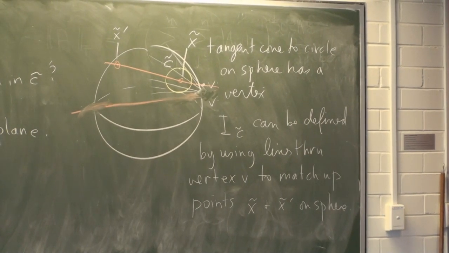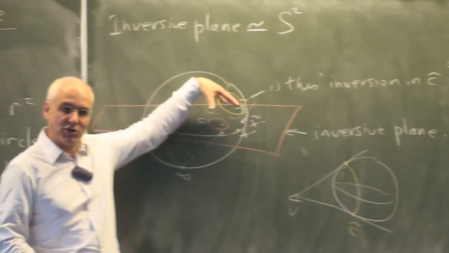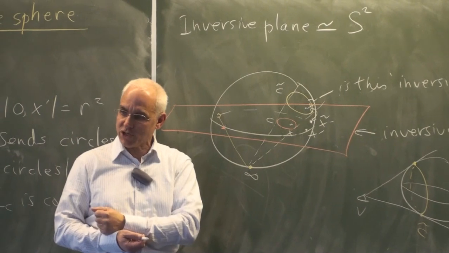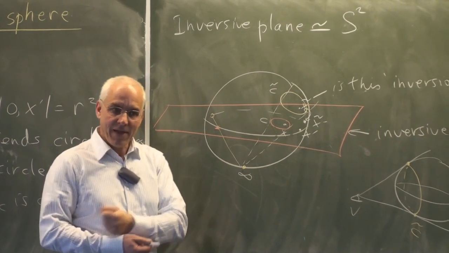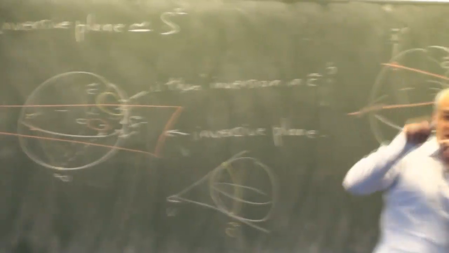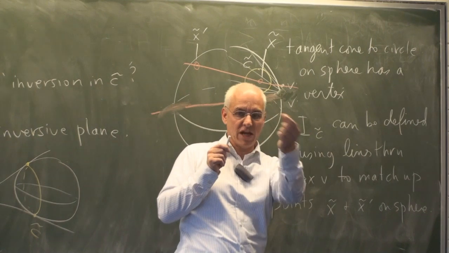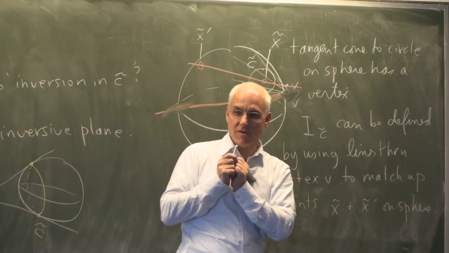It takes some work to check all these statements, but it turns out then that the inversion in the plane, the original inversive geometry in the plane, when we transfer it to the sphere via stereographic projection, then ends up having this interpretation of being reflection from this particular external point, interchanging inside and outside of circles.